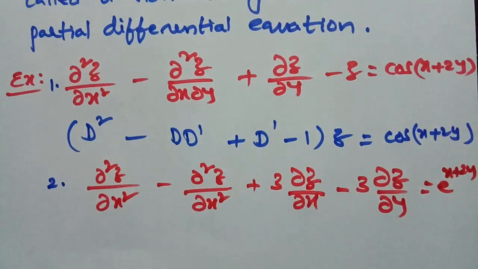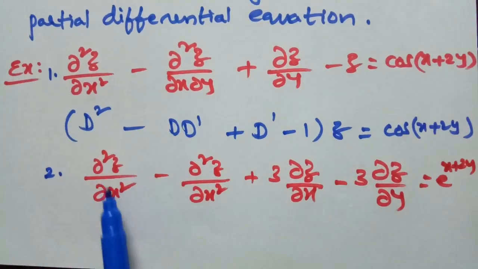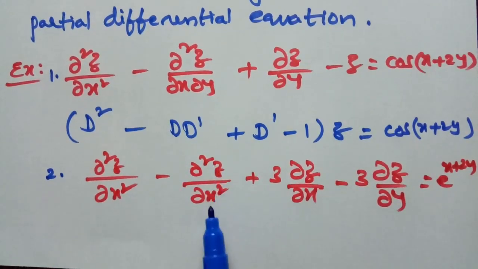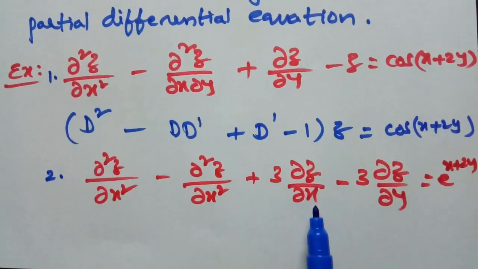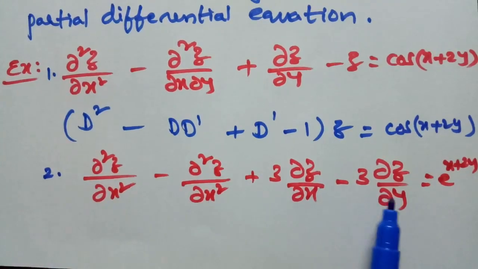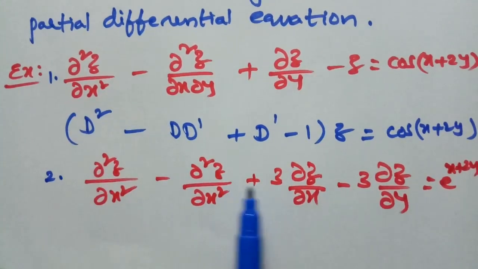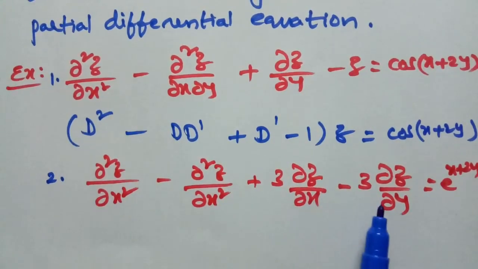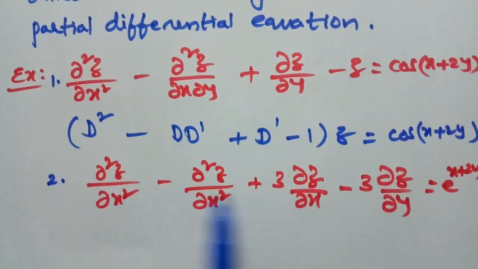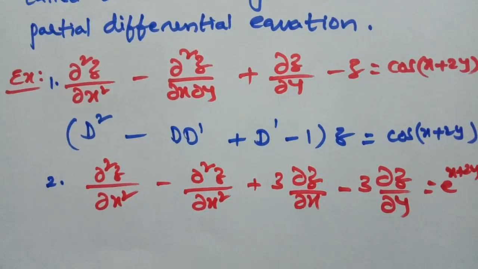Here also, this is a second order derivative, this is also second order, but this is a first order derivative and this is a first order derivative. There is no homogeneity in the order of the partial derivatives. That means the order of the derivatives is not the same in each term of the given equation. Therefore, it is not homogeneous.